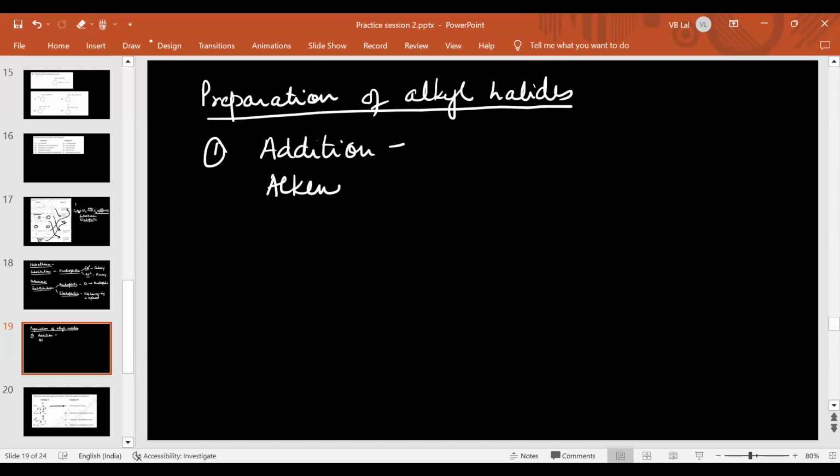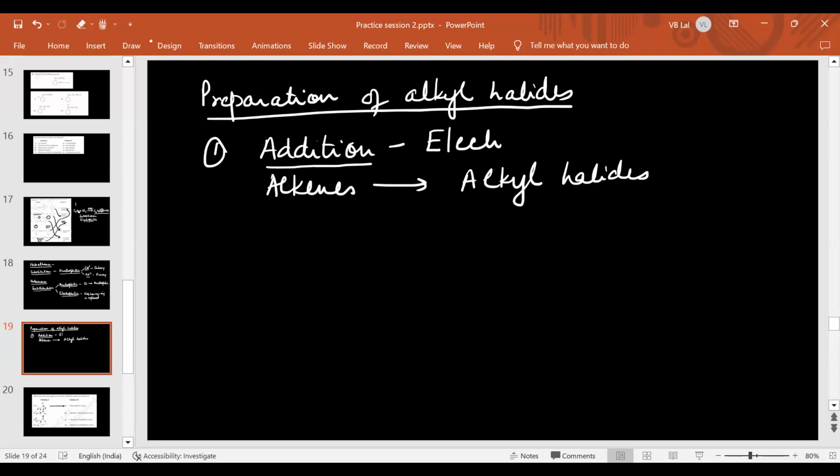Alkenes to alkyl halides by addition of HBr or HCl. So that is addition reaction. This addition reaction is always electrophilic addition. The second type of reaction which you see in preparation is elimination reaction.